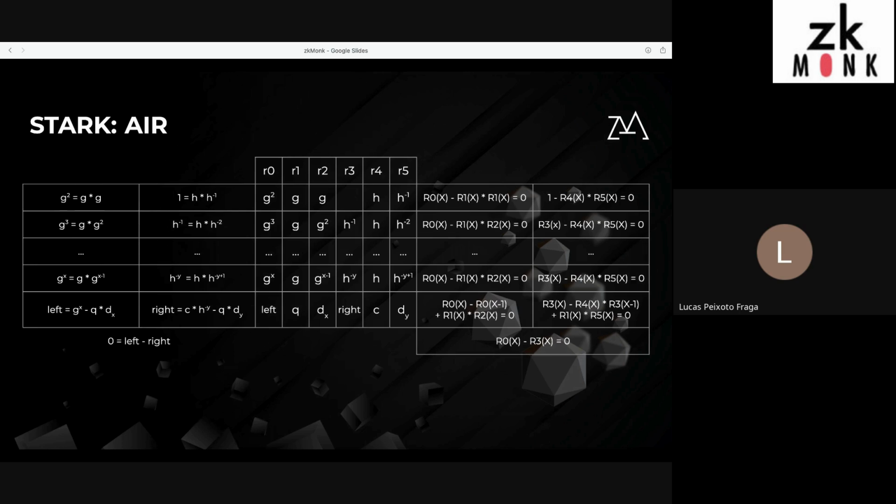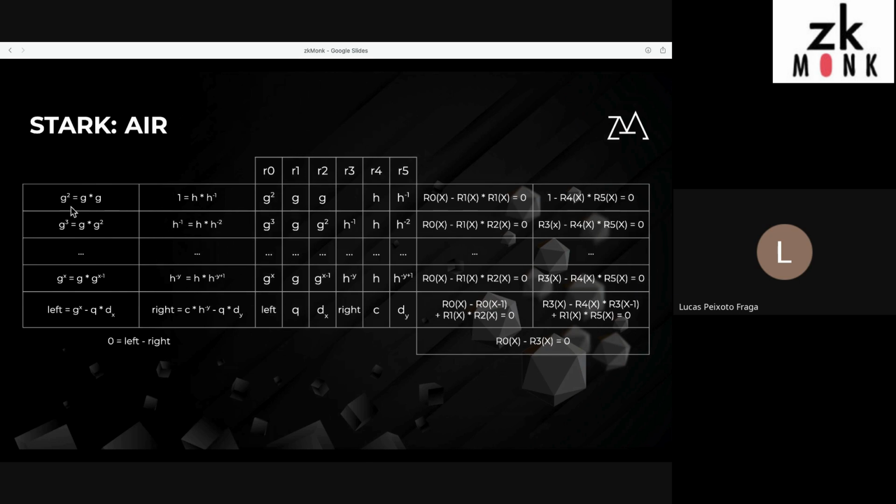And because now we're talking about an arithmetic CPU, I'll call these columns registers. If we have 6 registers, then we can fit the exponentiation of G and of H on the same rows, one at a time.